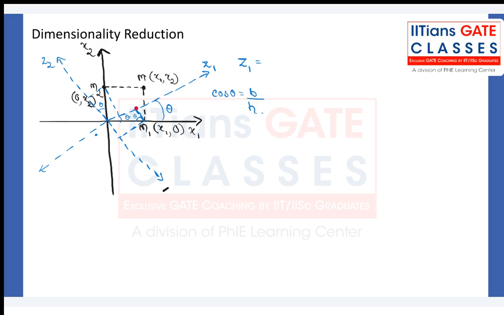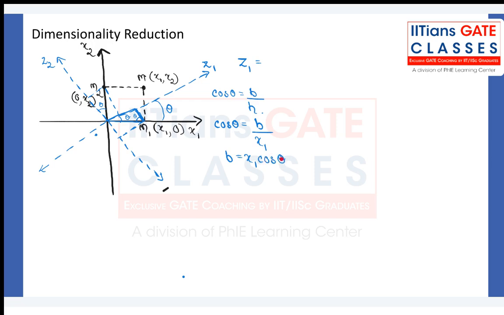This is the base, this is the perpendicular, this is the hypotenuse, and this is x1. Hope you have not forgotten that, right? So cos theta is base by x1, and so the base is x1 cos theta.